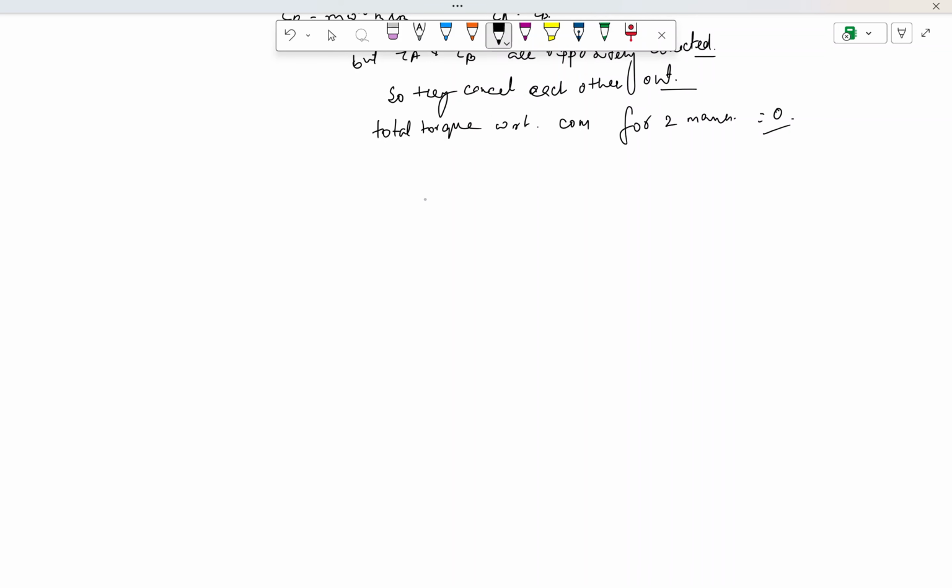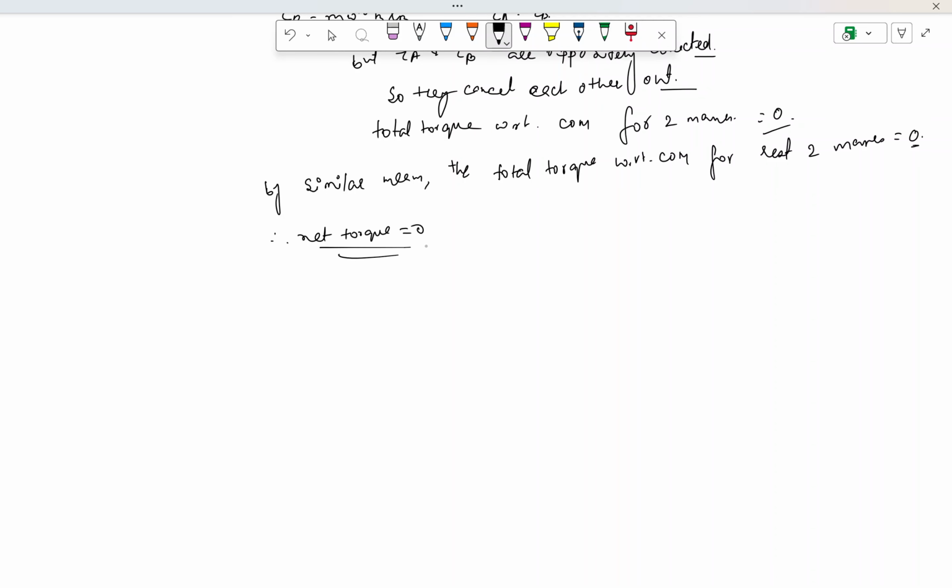So by similar means, with respect to the center of mass, the net torque for the entire square is equal to 0.